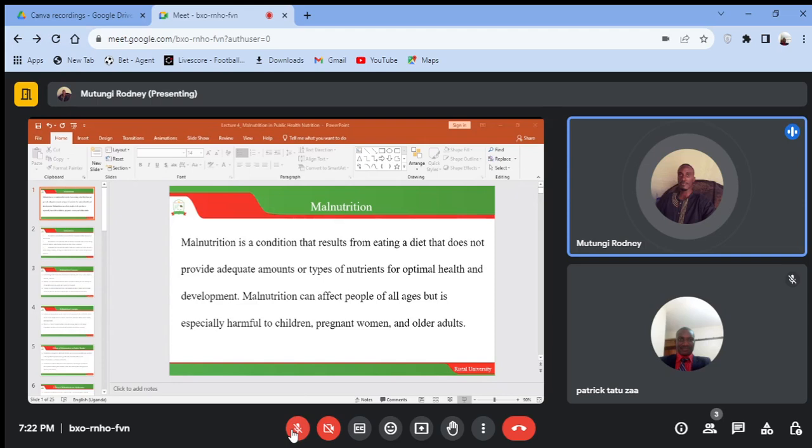For us to understand how to eat well, we are supposed to have that information about these necessary foods or the necessary nutrients in our bodies. So we can only appreciate that if we get that information either through class like this one or through social media. So when you lack that education, then there could be a problem of malnutrition.